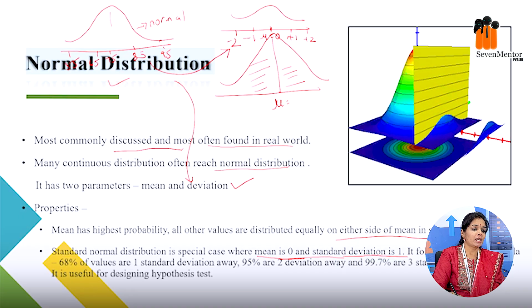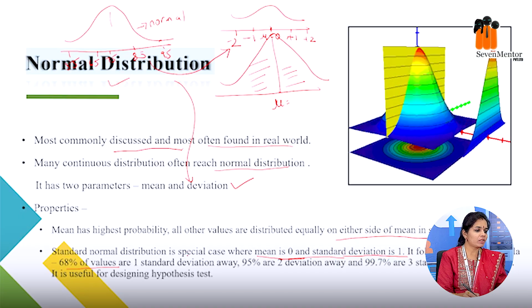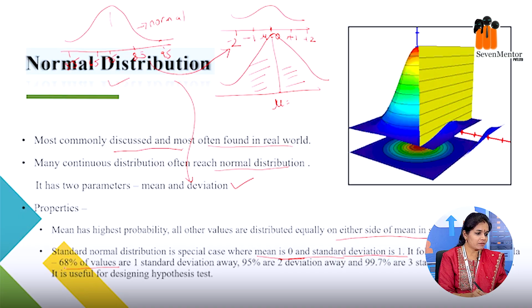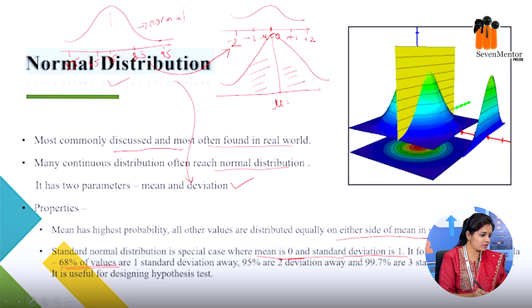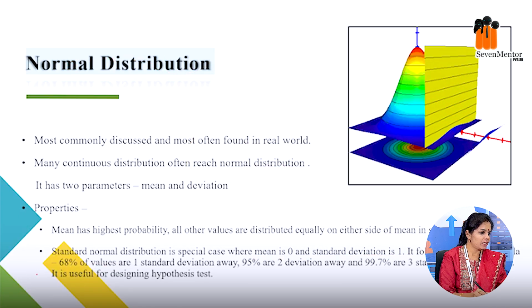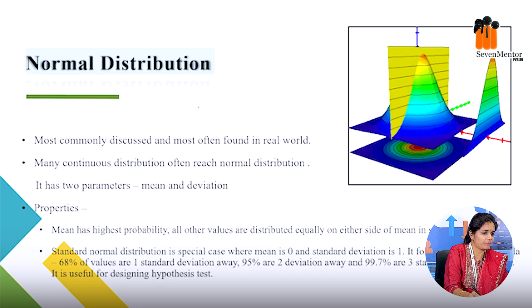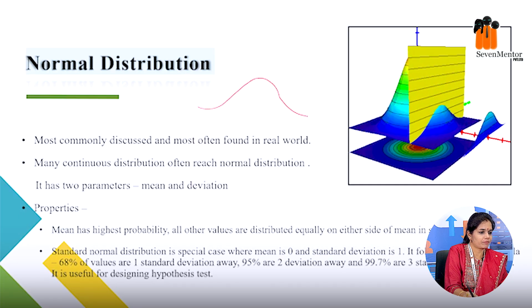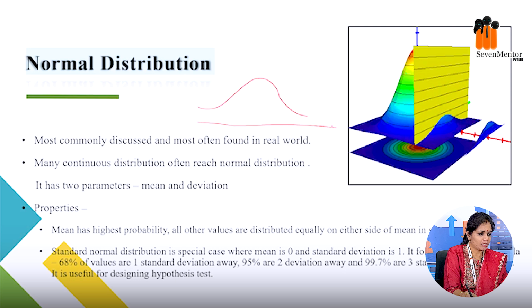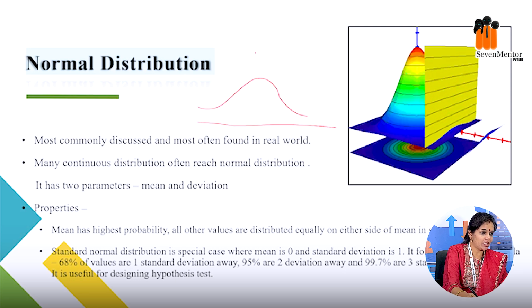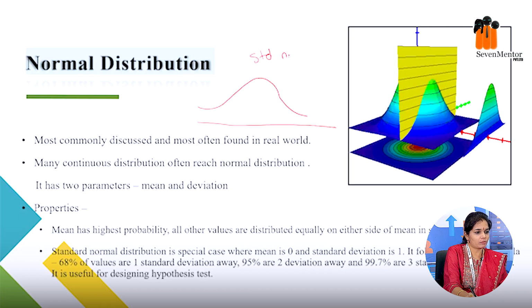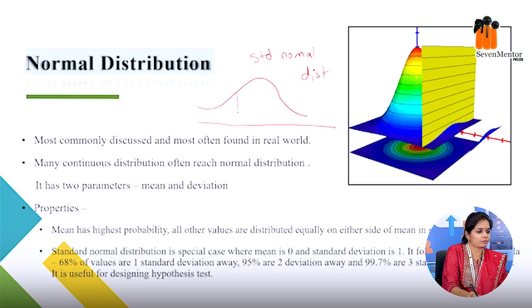It follows the empirical formula. What is the empirical formula? It gives 68% of values. I'll erase this diagram and explain properly. This is our normal distribution, the standard normal distribution.